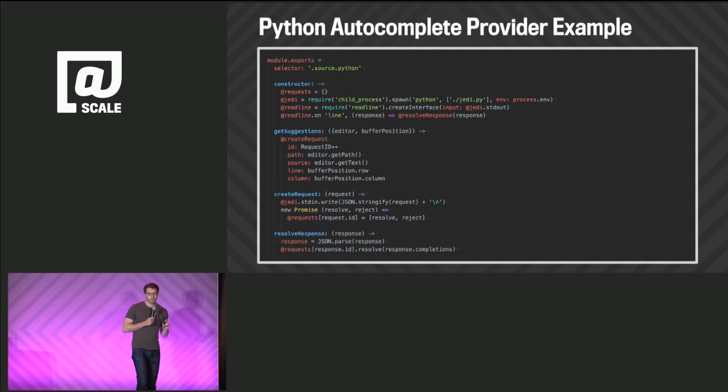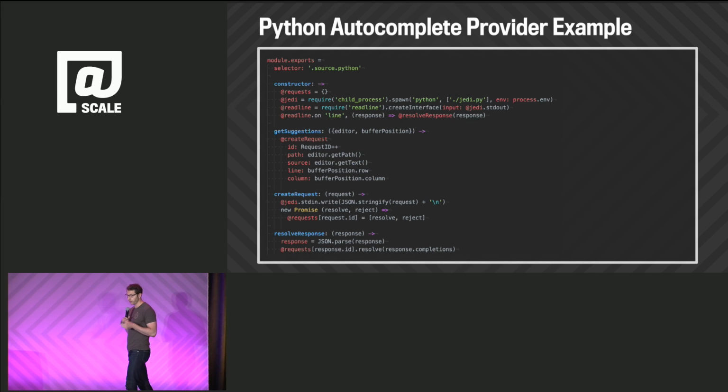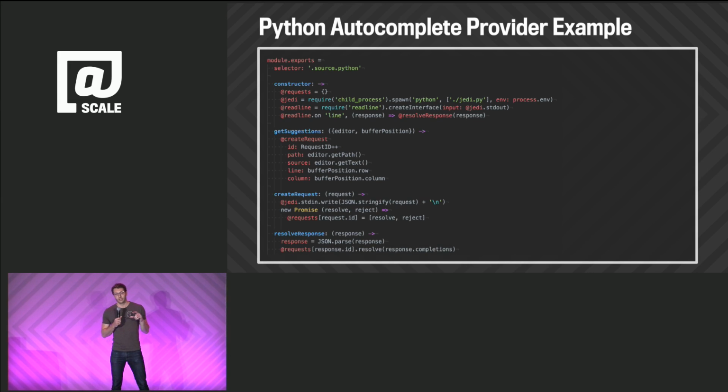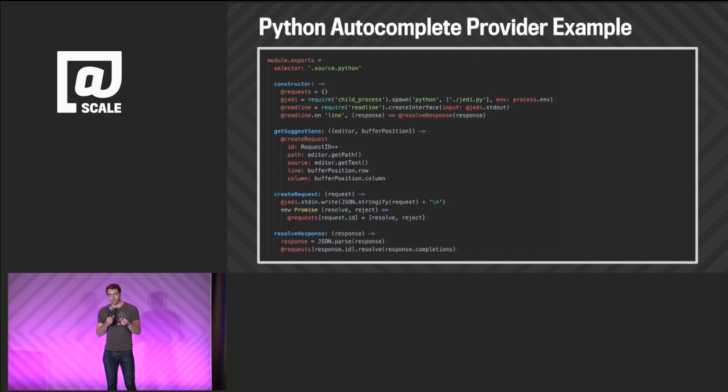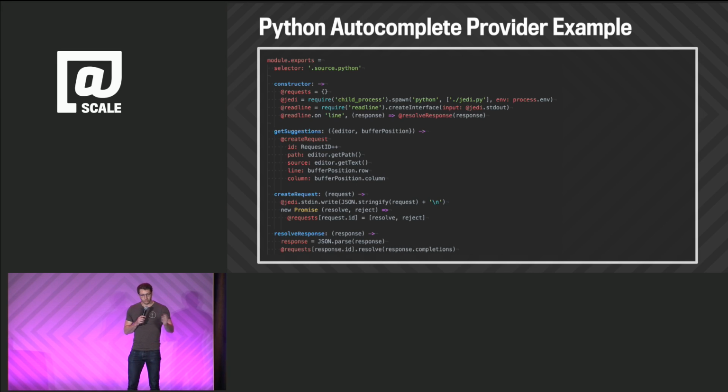This is a complete autocomplete Python provider. It's only 25 lines. Obviously the logic for actually finding the suggestions is not in these 25 lines. It's in a project called Jedi. Jedi is a Python project, and we just shell out to a Python script.